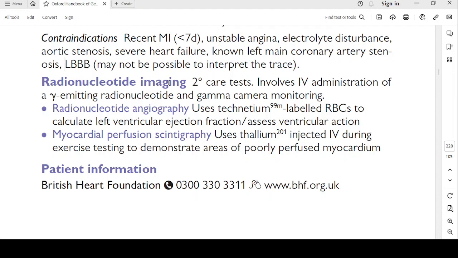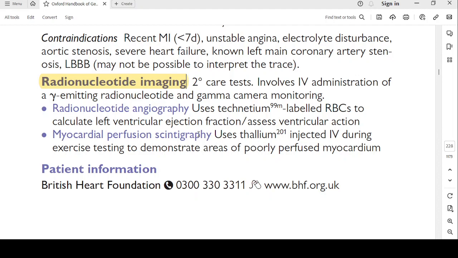Radionucleotide imaging. Secondary care test involves IV administration of a gamma-emitting radionucleotide and a gamma camera monitoring. Radionucleotide angiography uses technetium-99 labeled RBCs to calculate the left ventricular ejection fraction and assess the ventricular function.